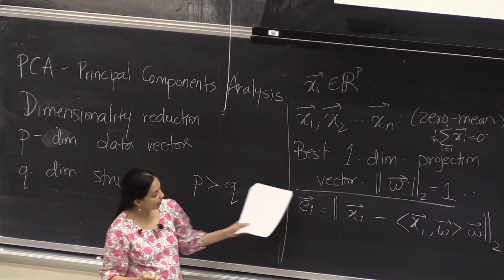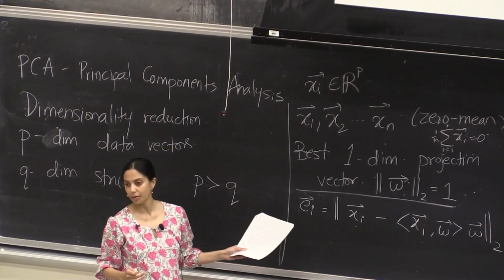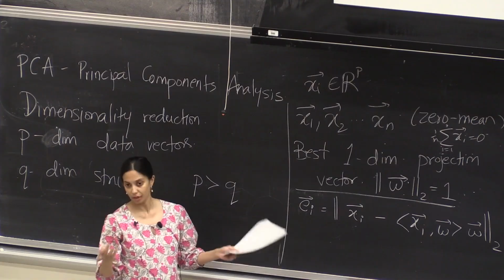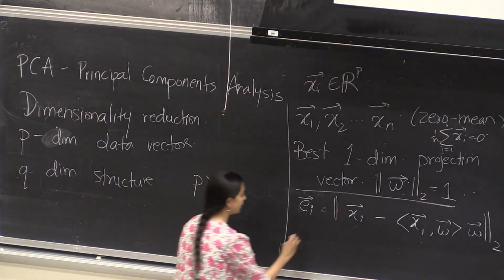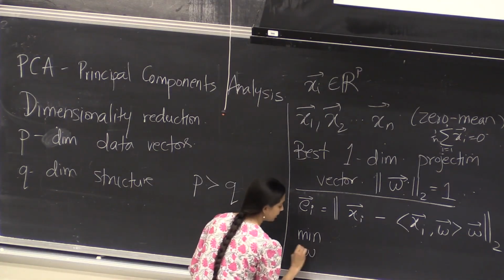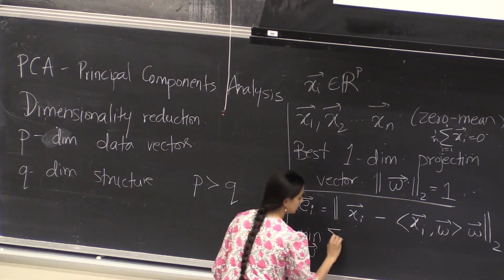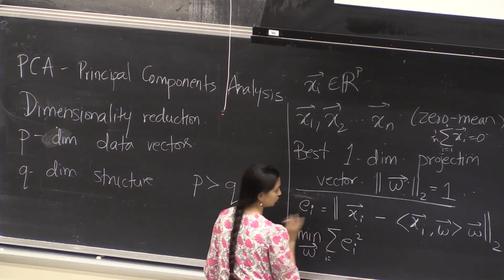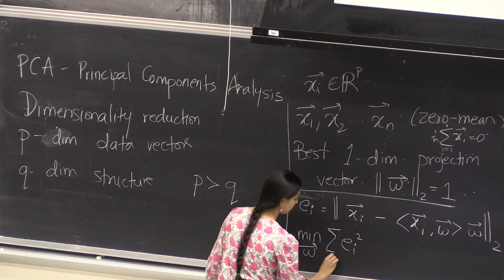And now, do we care about only the ith data point? Clearly not. We care about all of the data. And so this is our optimization problem: to find that w that minimizes the average of the e_i's. This is not a vector, sorry, this should be a scalar.